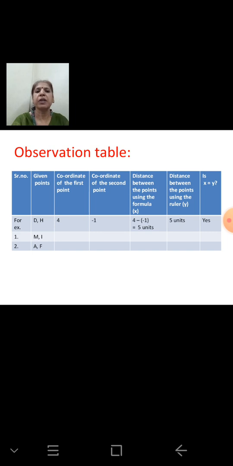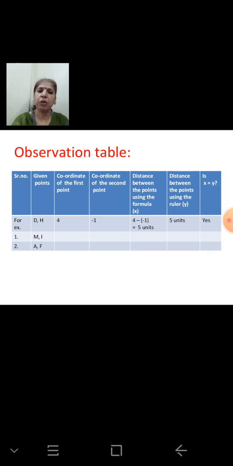Now distance between the points using the formula, and the formula is greater coordinate minus smaller coordinate. So 4 minus (-1). When you solve this by opening the brackets, you will get 4 plus 1, 5, that is 5 units. And if you are taking the distance as 1 centimeter, then you will be getting 5 centimeters. So you will be writing there 5 centimeters.